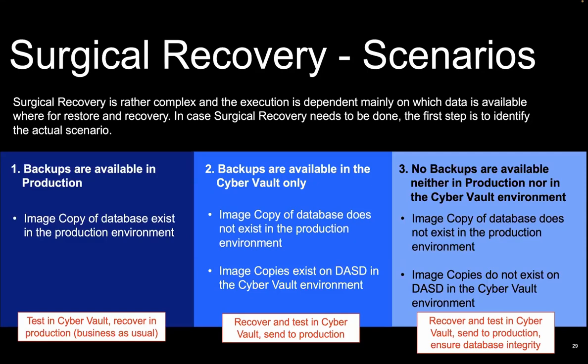The second one, backups are available but not in production, because the smart cyber vault person was there, they deleted it. But the log hasn't been corrupted, and you could bring the image copies back to production, and then the logs are fine. So you could bring that back to production and recover forward.